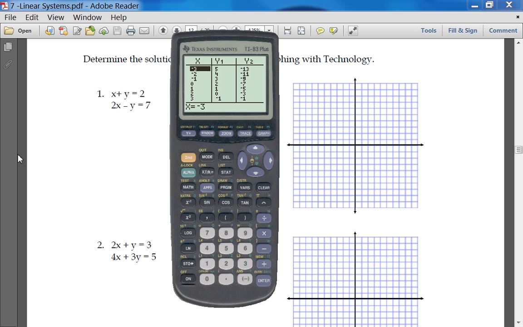And then for the other graph, that's y2, when x is 0, it's negative 7. When x is 1, it's negative 5. And you can see here, it's going to cross like that.